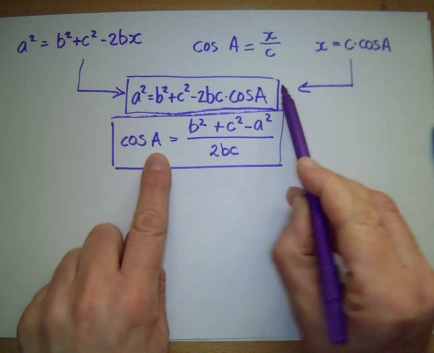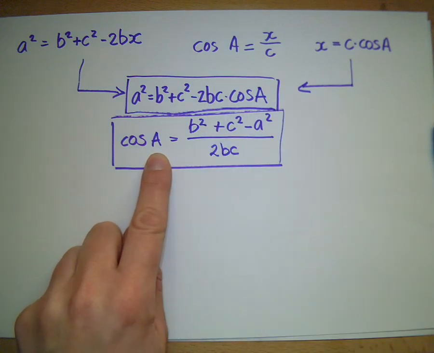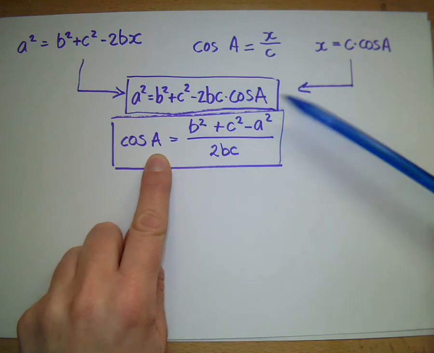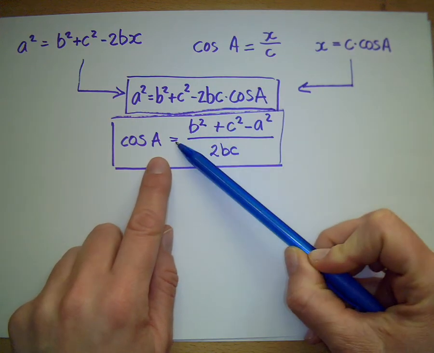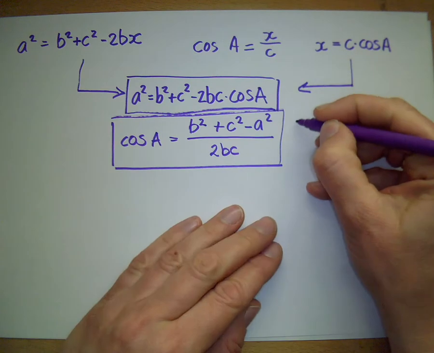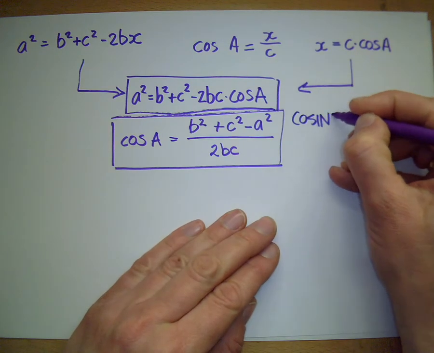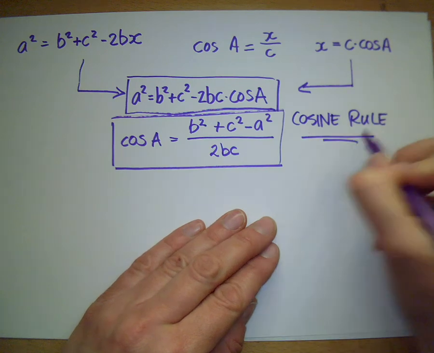You can pause the video and try to prove to yourself that you can go from this equation to this equation, but you can. So these are actually two different ways of stating the cosine rule. This is the cosine rule, written two different ways, right?